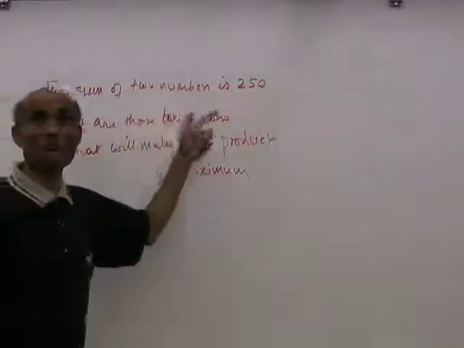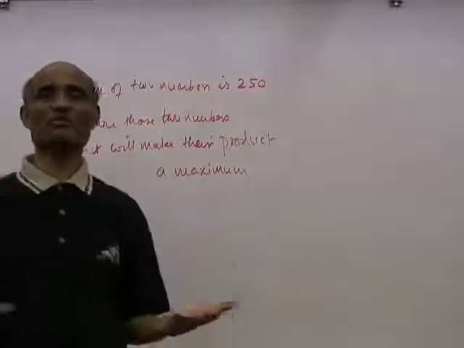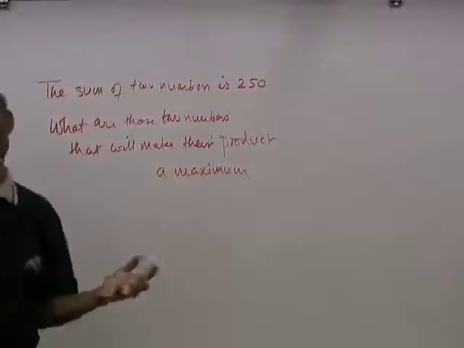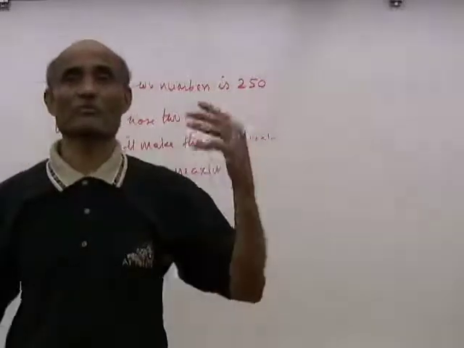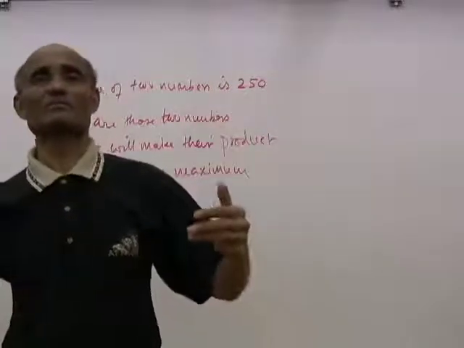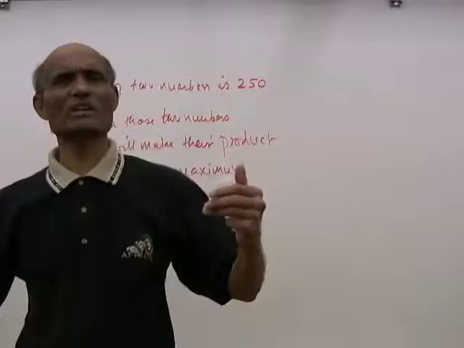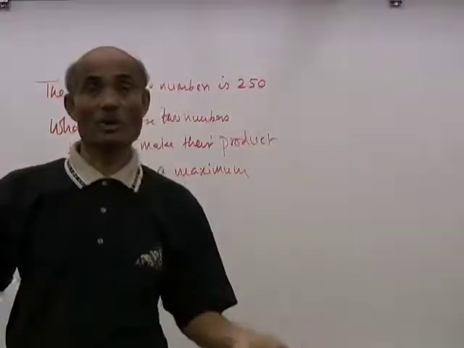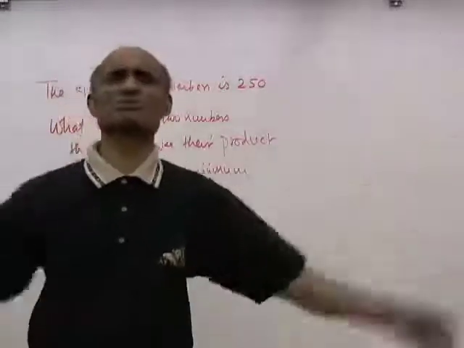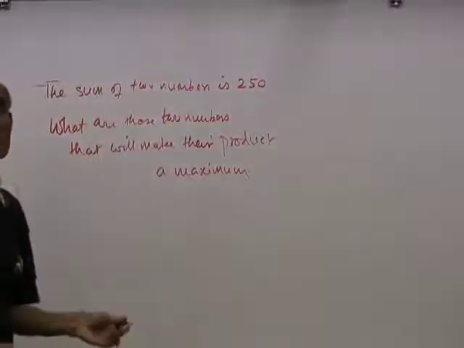The sum of two numbers is 250. Now, there are many numbers that add up to 250. 200 and 50, well, 125 and 125. There are so many numbers that add up to 250.